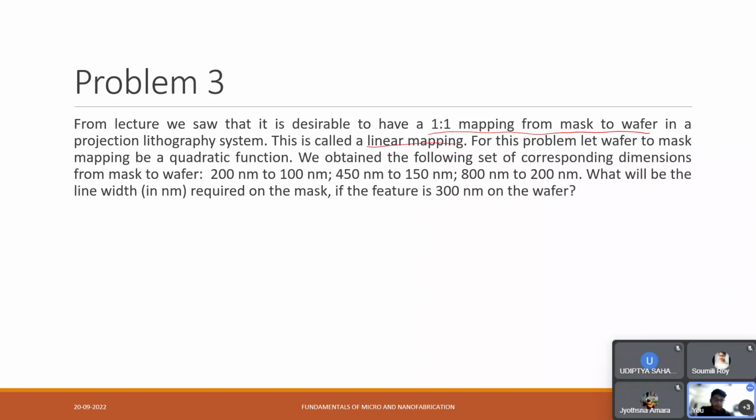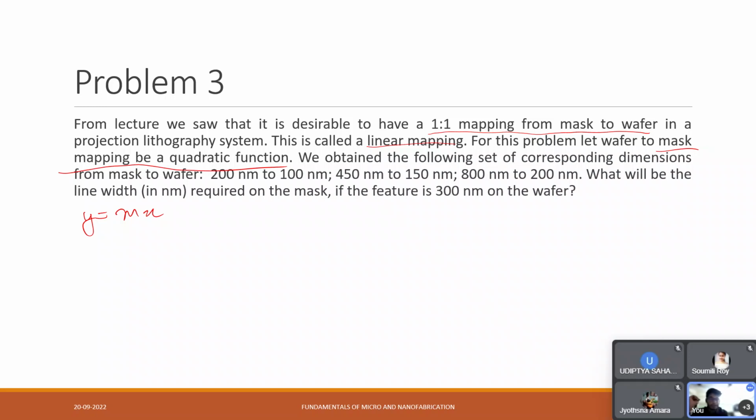So essentially 1:1 is like y equal to mx, where y is the mask length and x is the line width on the wafer. It is mostly a linear mapping, but for this problem we are saying that this mapping is a quadratic function.